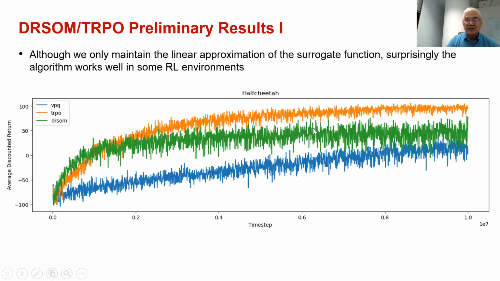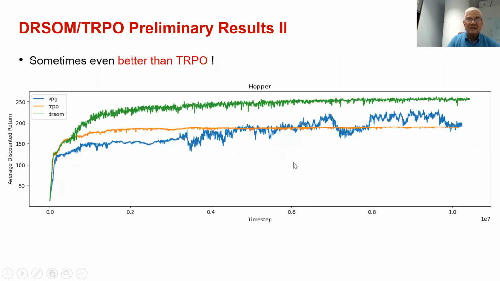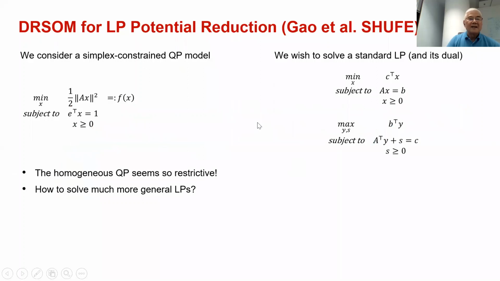The green is DR-Tseng, dimension reduced. It's much faster than the true full trust region method, which is the yellow line. The blue line is the vanilla stochastic gradient method. Sometimes DR-Tseng is even better than the full dimensional trust region method.